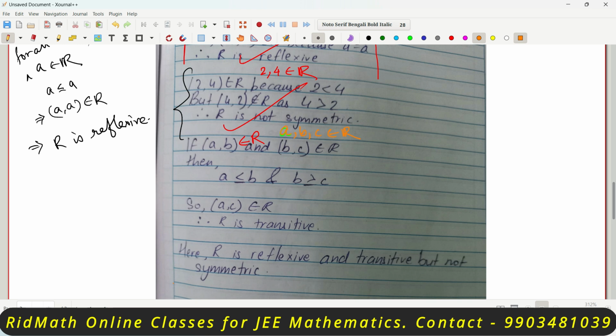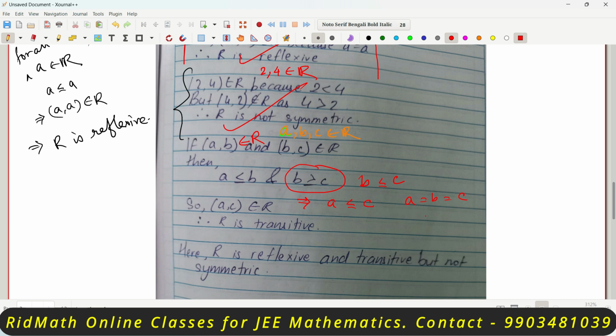If (a, b) belongs to R and (b, c) belongs to R, then a is less than or equal to b, and b is less than or equal to c. From these two, a ≤ b and b ≤ c, this implies that a ≤ c. When a = b = c, then this equal sign is there.